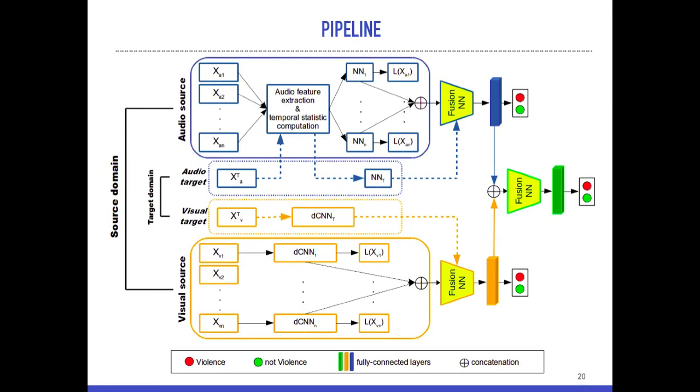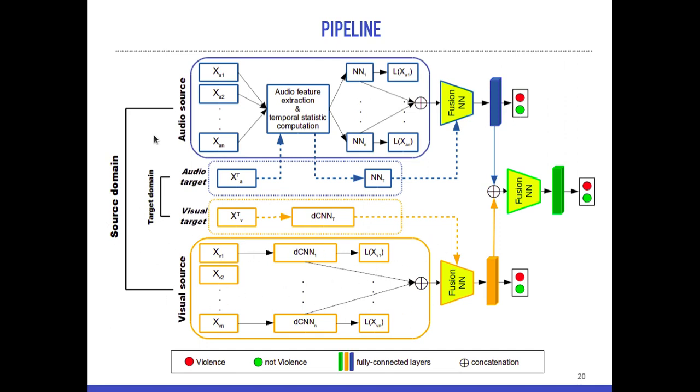So the idea here is to get each subconcept through an independent visual detector and an independent audio detector. So we have one visual network for blood, one visual network for fights, one for explosions, and so on.